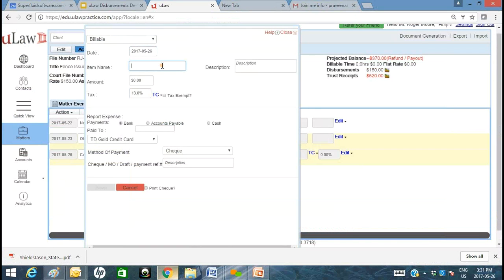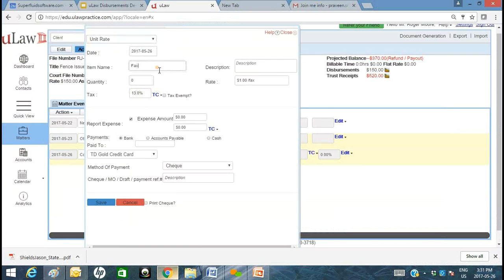And let's say that it's a fax. Let's say it's mileage, it's fax, and I'm going to say 50 at $1. So these are things that you determine as part of your retainer letter or your engagement letter with your client. How much do you plan on charging them per fax?